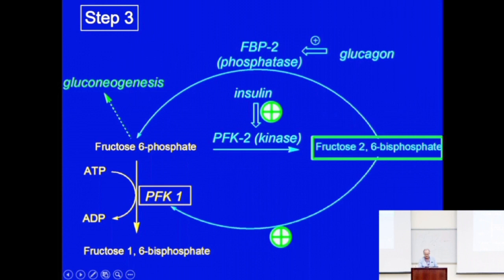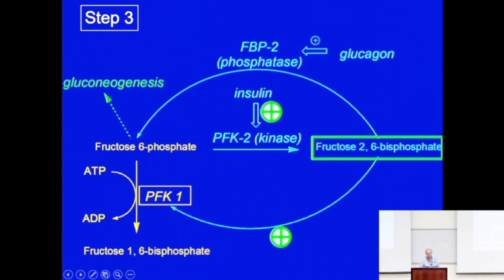I want you to pay attention to this molecule, which is a completely different molecule. It has a phosphate at the 2 position, and it's called fructose 2,6-bisphosphate. It has nothing to do, per se, with this linear glycolytic pathway, except that it is a very important allosteric activator of PFK-1, and that's what that plus means.